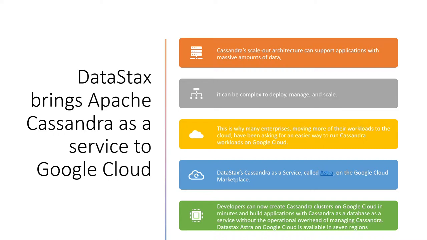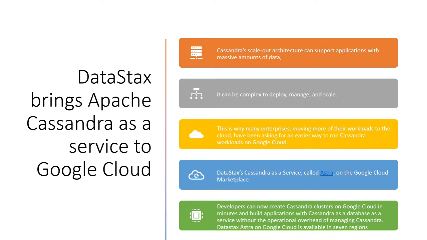DataStax supports a massive amount of data, and it provides an Apache Cassandra managed instance with a proven history, and it is really doing great. When you talk about deployment, management, and horizontal scalability by adding nodes, everything is like a managed instance: you just mention the number of nodes and it will take care of this.